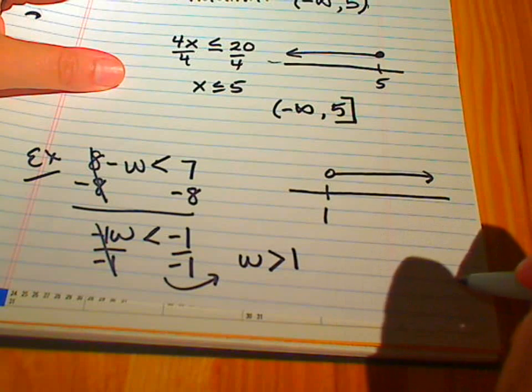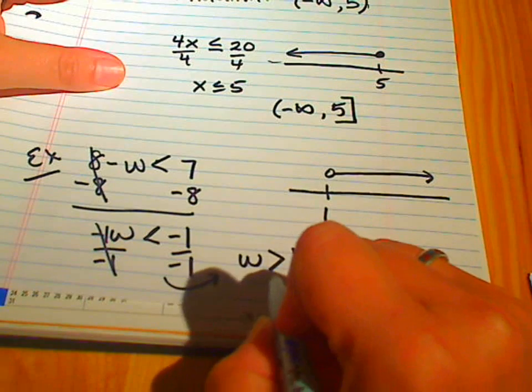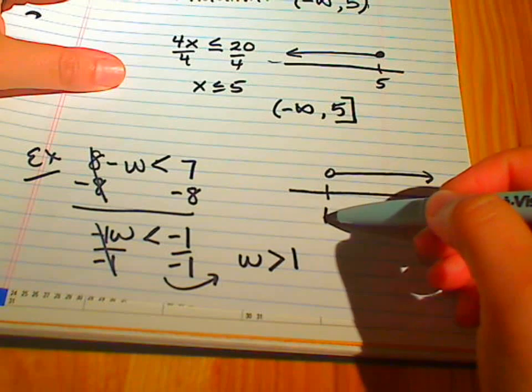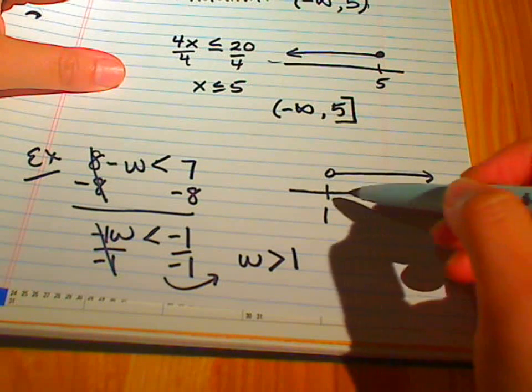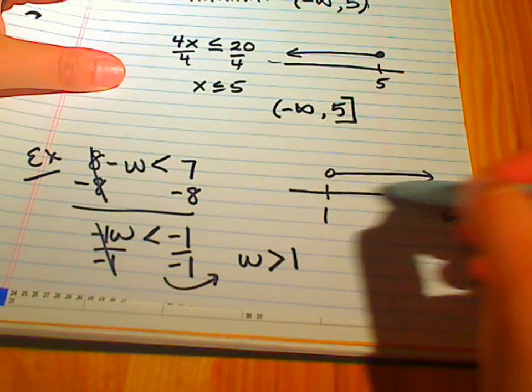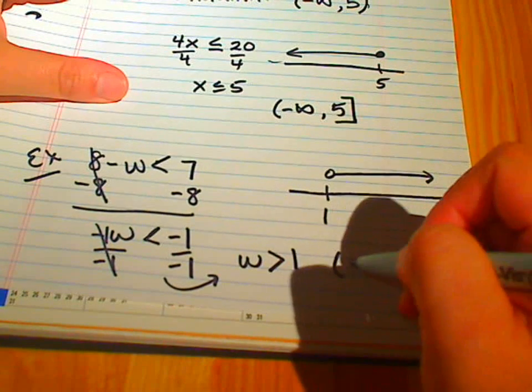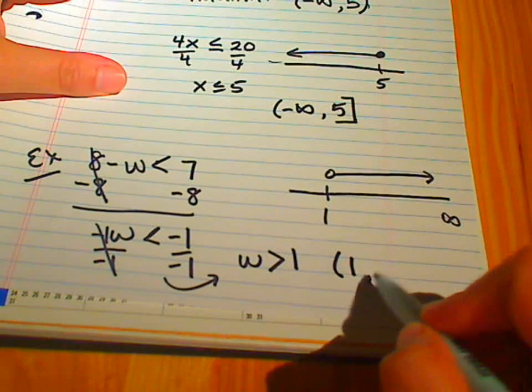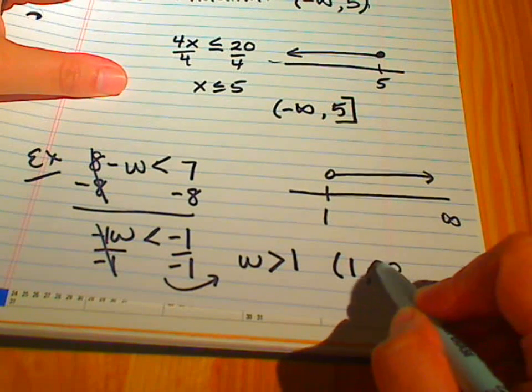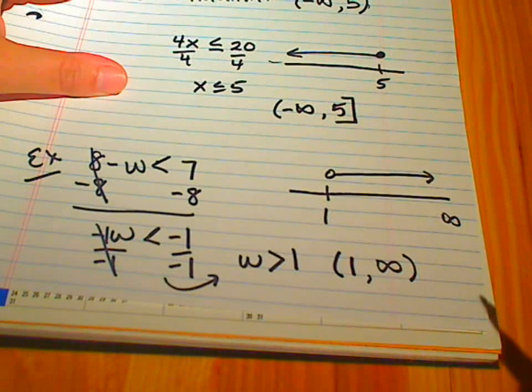So when I'm looking at it for interval notation, this is not underlined, and 1 is the smallest number because everything going this way up to positive infinity is larger than 1. So my smallest value here is 1. Since it's not underlined, I have a parenthesis. Then I'm going to go all the way to positive infinity and then close it like that.